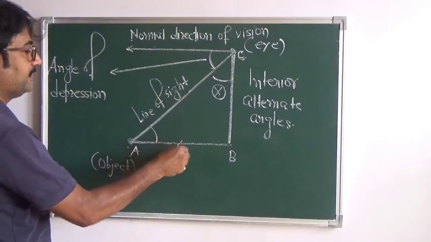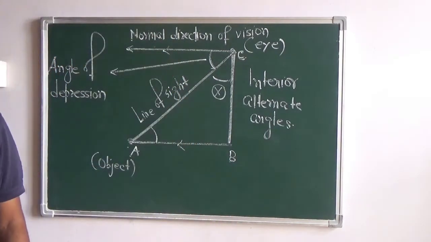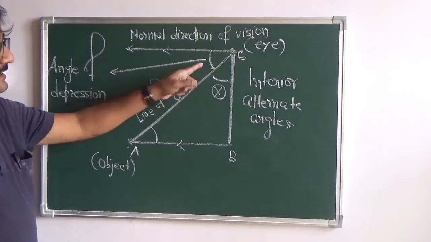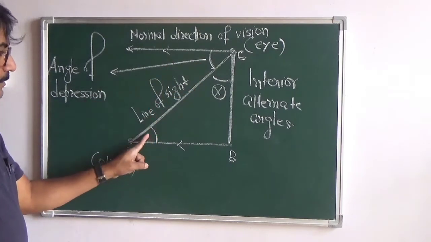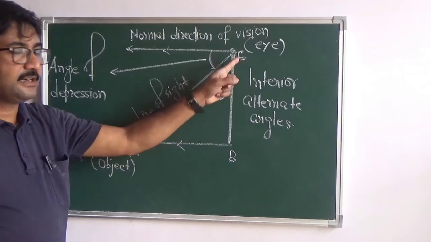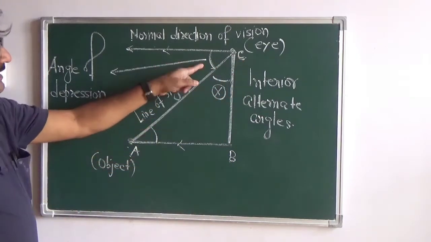These two lines are parallel. So even if the angle of depression is given, we can shift this angle to this position, applying the properties of parallel lines.